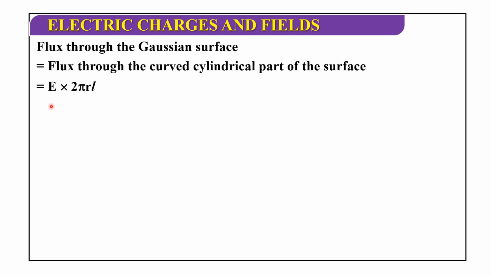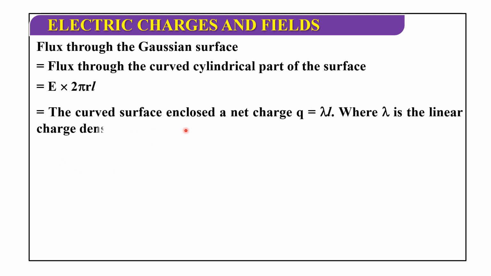So that is E into 2 pi r L. The net charge enclosed is Q equals lambda into L, where lambda is the linear charge density. Then Gauss's law gives E into 2 pi r L equals lambda L by epsilon naught.